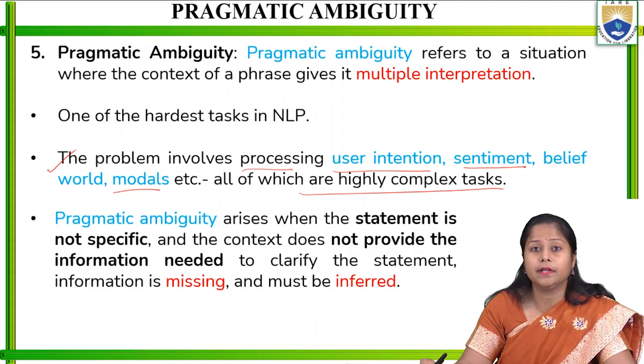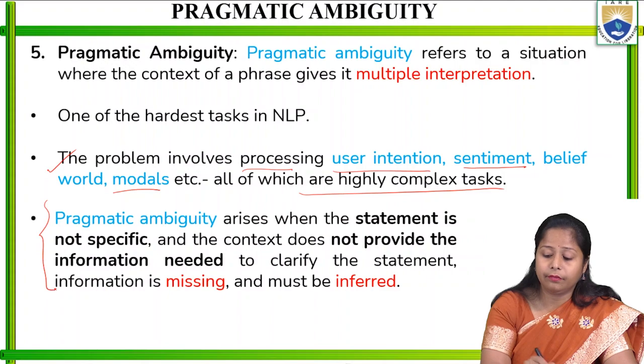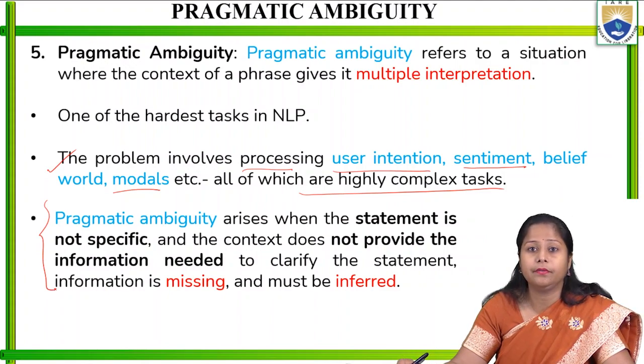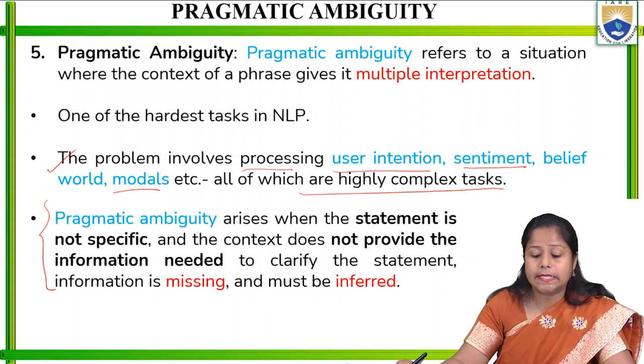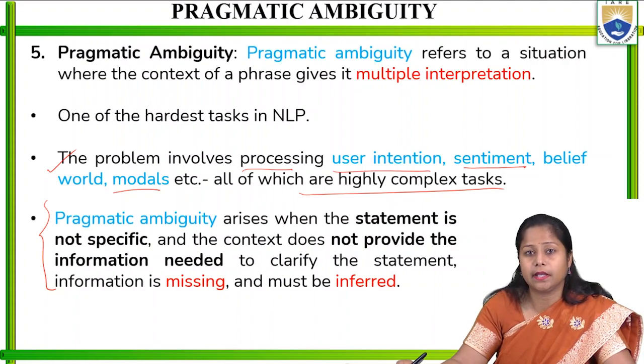So how to take those, how to remove those, how to make them simple, let's see with the example. We can say pragmatic ambiguity arises when the statement is not specific and the context does not provide the information needed to clarify the statement, and that information can be missing and must be inferred. So this is another interpretation of pragmatic ambiguity.